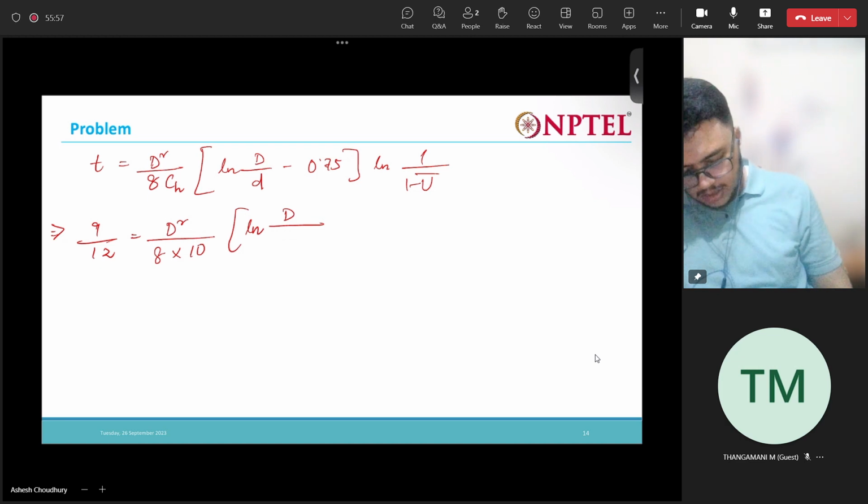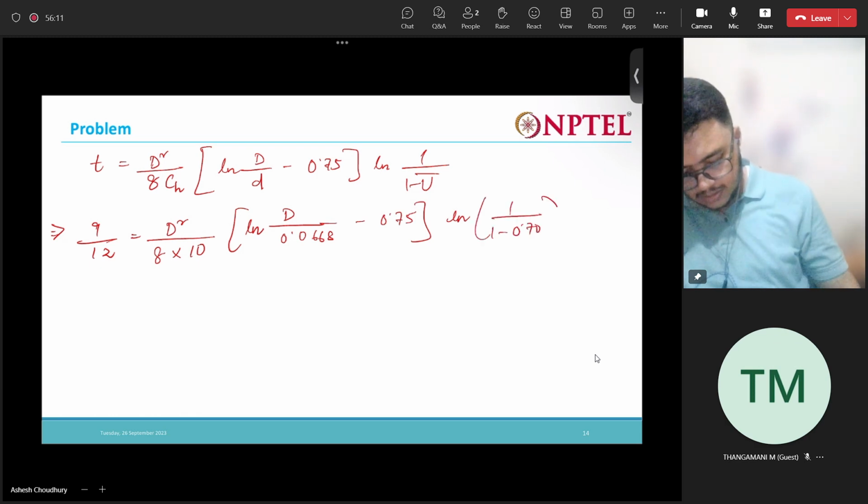D by 0.0668, 0.75, into ln of 1 by 1 minus U bar. Let us put all the D terms on one side.